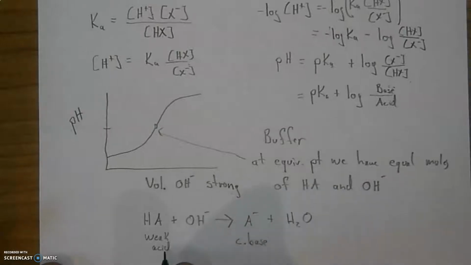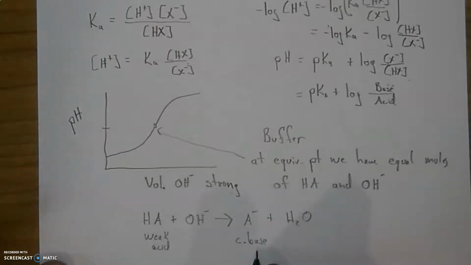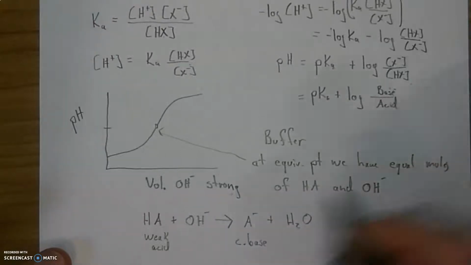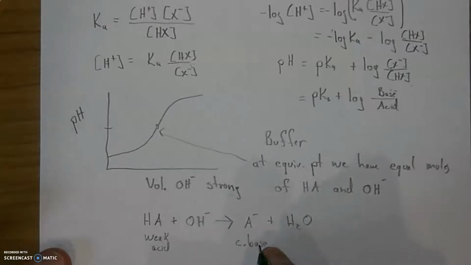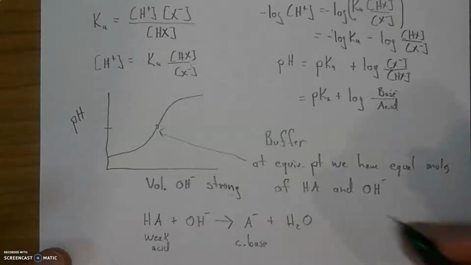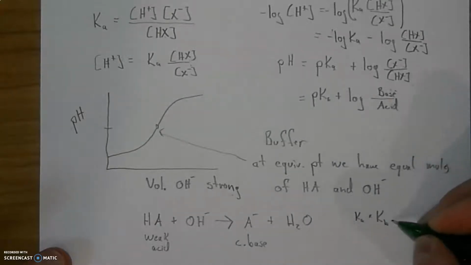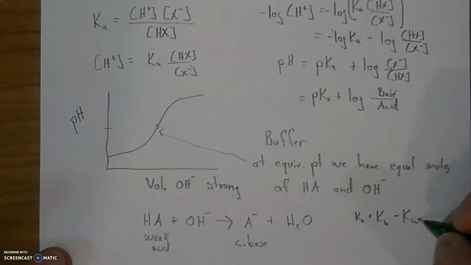The weak acid will donate a hydrogen, but it doesn't do it well, and this is kind of just the opposite. Now remember, when you have these two together, Ka times Kb is equal to Kw, 1 times 10 to the negative 14. That's how these two will relate to each other. If I know one, I know the value of the other.